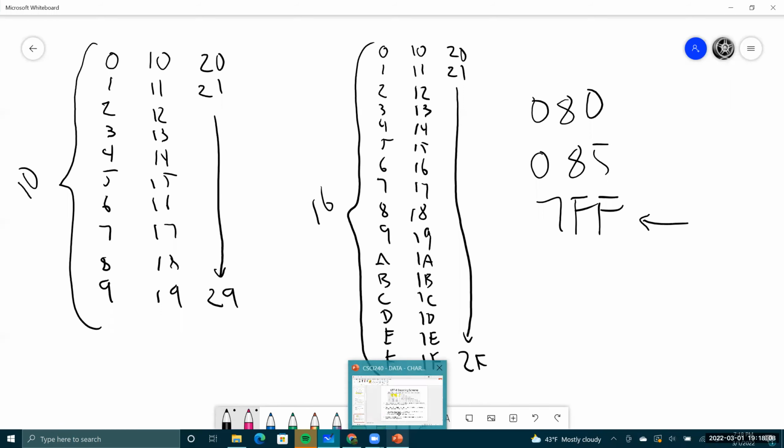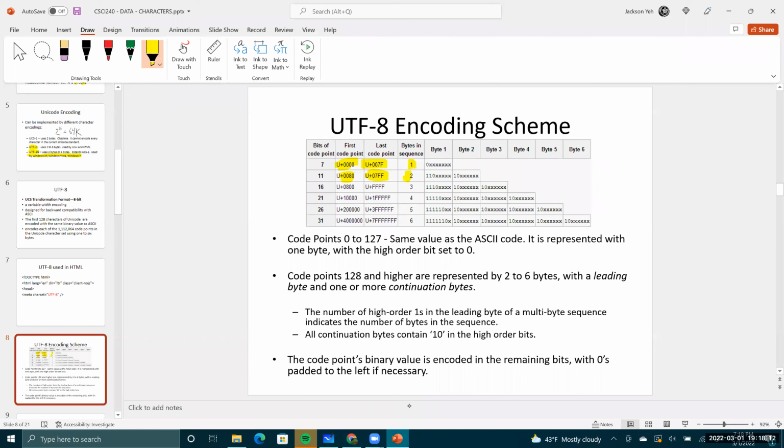So with this understanding, let's look at this range. If we look at this range over here, that I'm going to highlight again in yellow, 80 to 7FF, it means that if a number is between that range, it could be anything from 81, 82, 83, all the way up to 7FE.